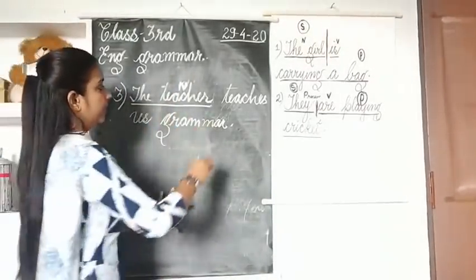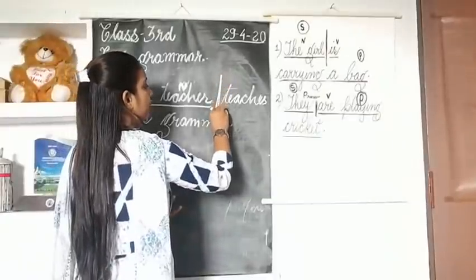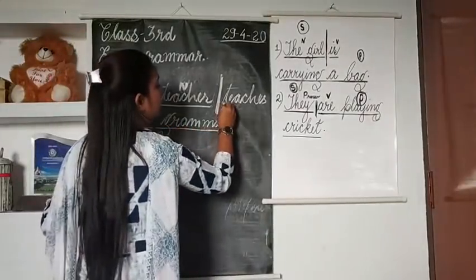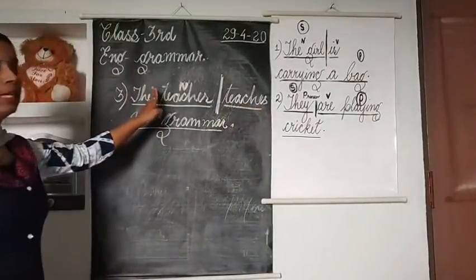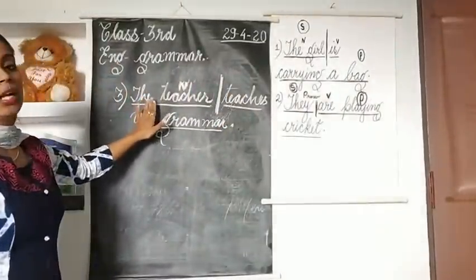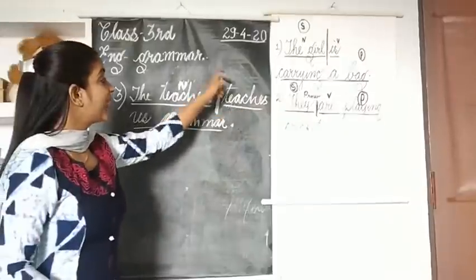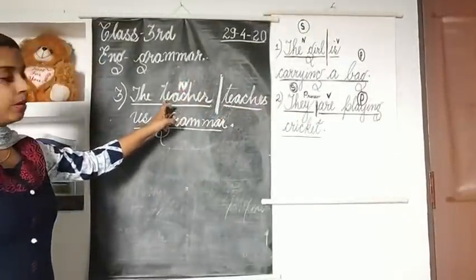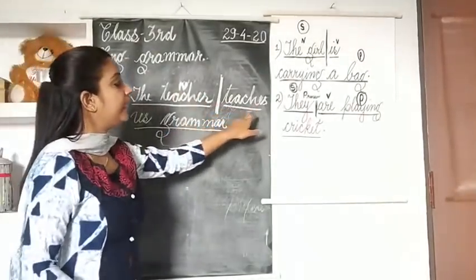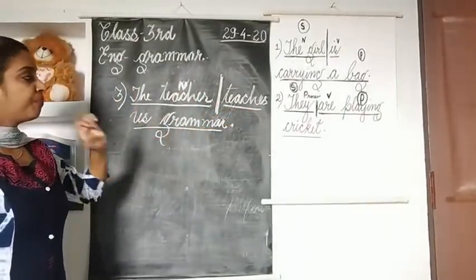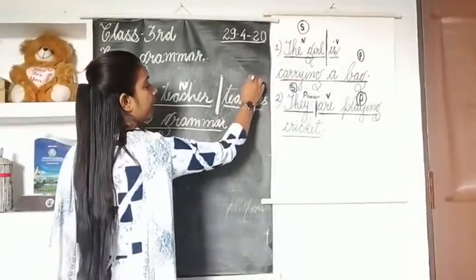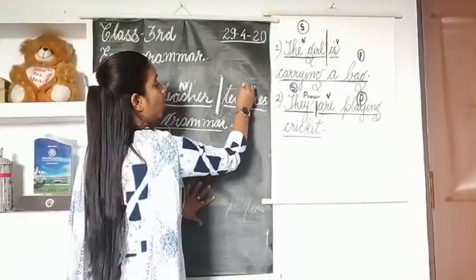And the other part of the sentence, teaches us grammar, is describing the teacher. This part of the sentence is telling us something about the teacher. It is describing the action done by the teacher. What is the action? She teaches us grammar. Here in this part, the sentence begins with teaches, which is a verb.